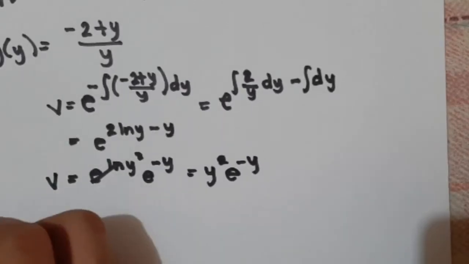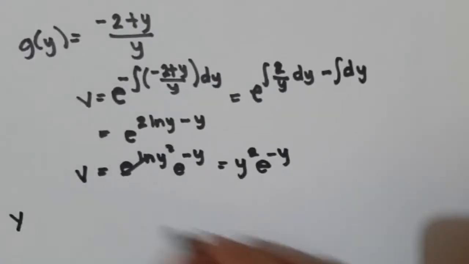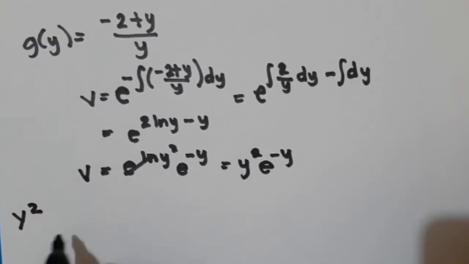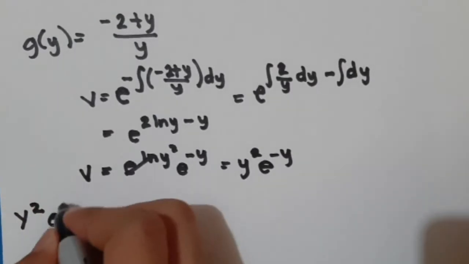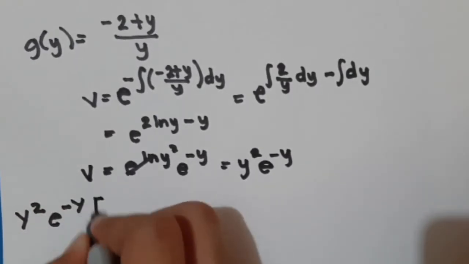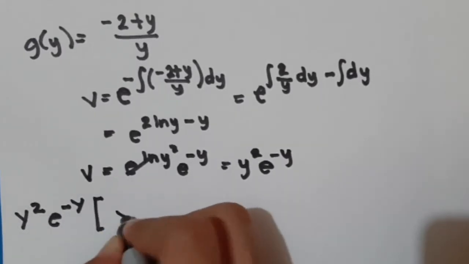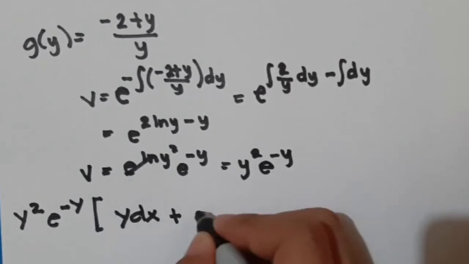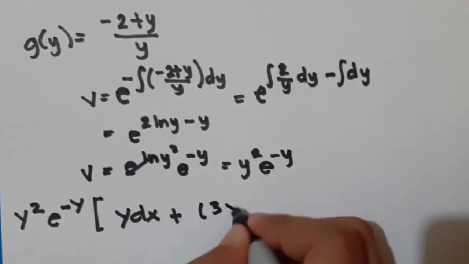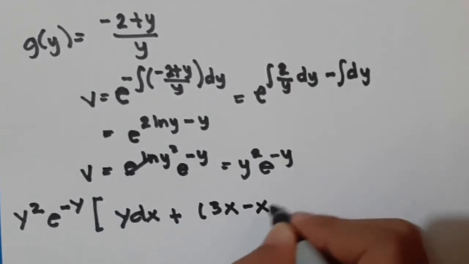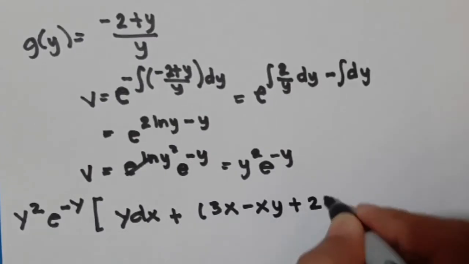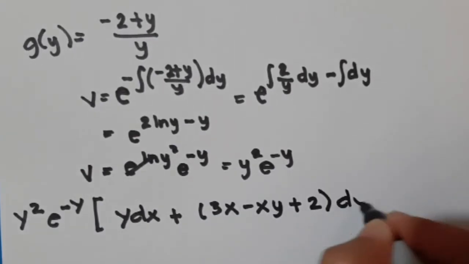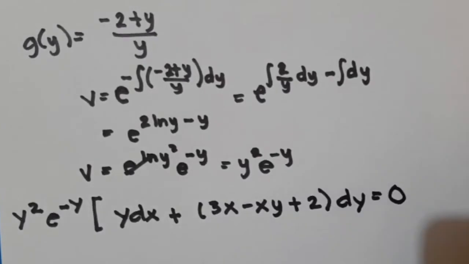So y squared e raised to negative y multiplied by our original equation, y dx plus (3x minus xy plus 2) dy is equivalent to 0.